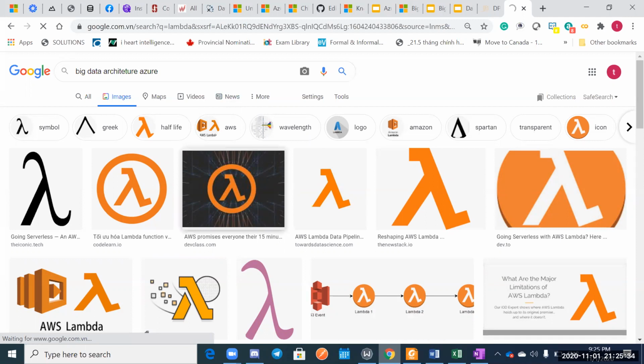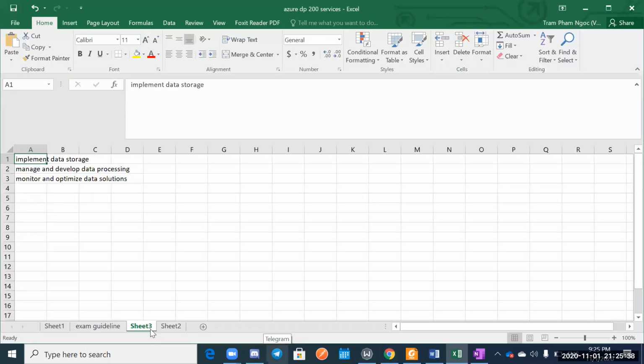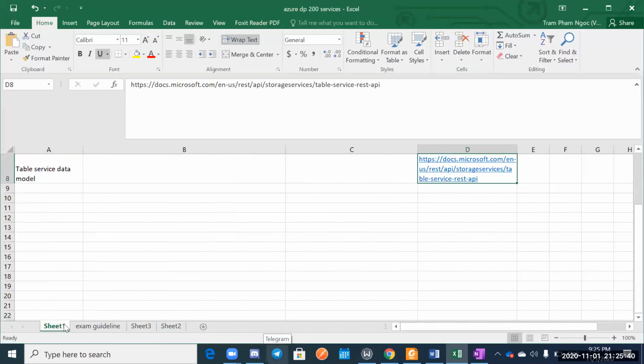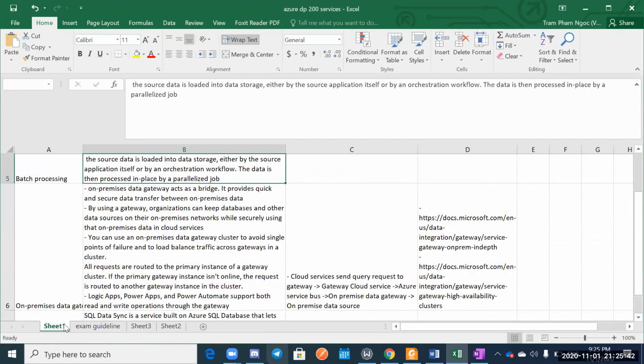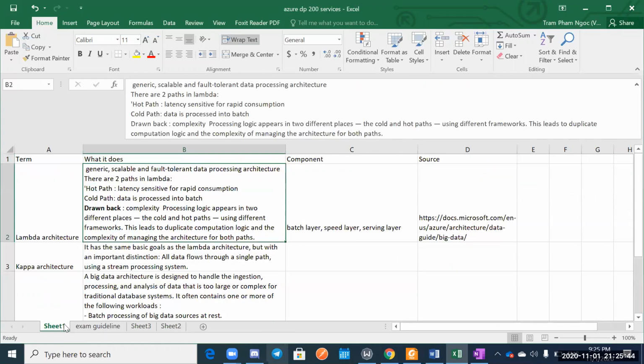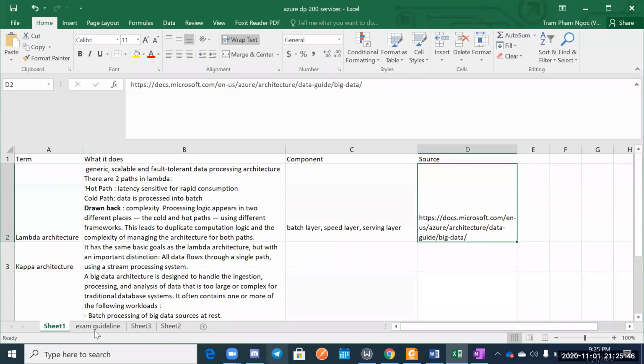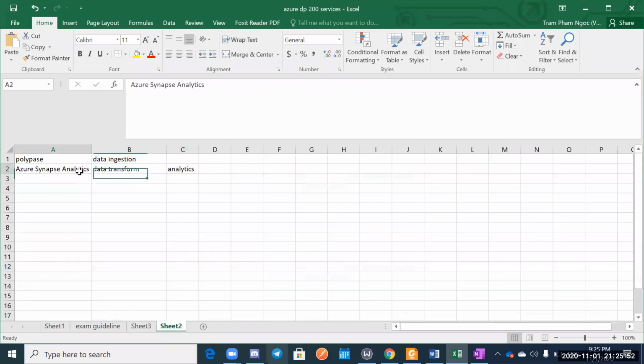And of course, I'm also going to create a cheat sheet with the different service names, what they do, and the component and the source. I'll finish it within the next week, so that you guys also have the materials. I'll also list the storage tools and what type they are, whether they belong to data ingestion.